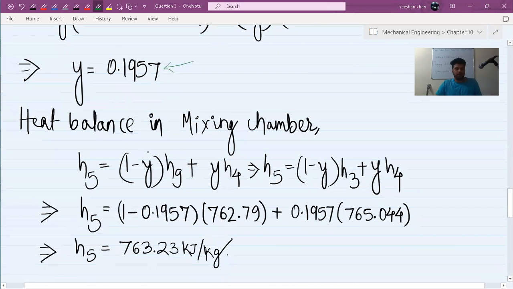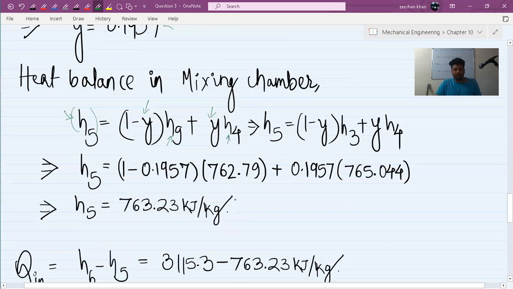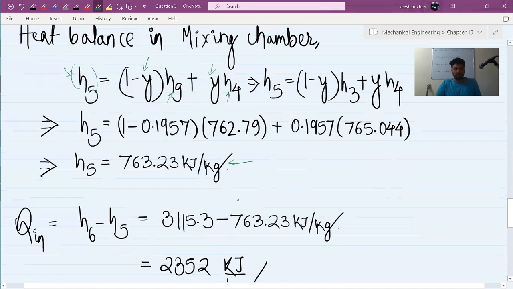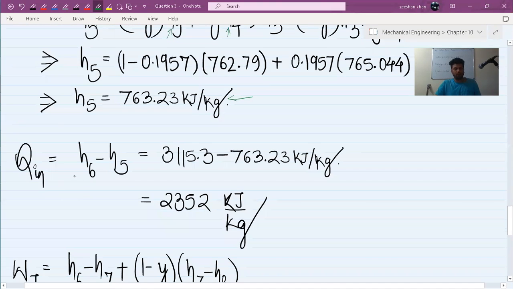Again, heat balance application in the mixing chamber. H5 is the enthalpy out of the mixing chamber, and h9 and h4 are the enthalpies of entry for both the mixes, 1 minus y and y. So you get the value of h5, which comes out to be 763.23. Again, Qin is obviously going to be h6 minus h5.